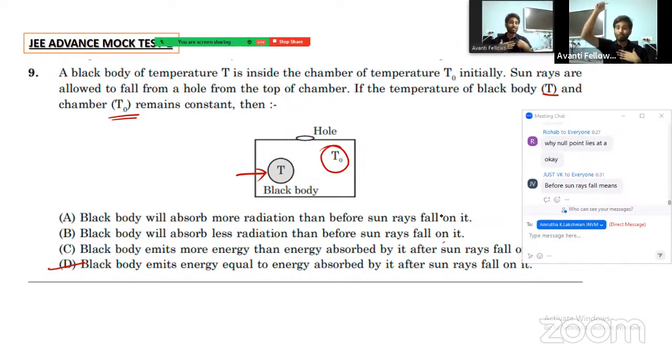Hence, before the sun rays fall here, I am already absorbing the radiation from the room. So the correct option is A also. Yes, exactly right, Vicky.